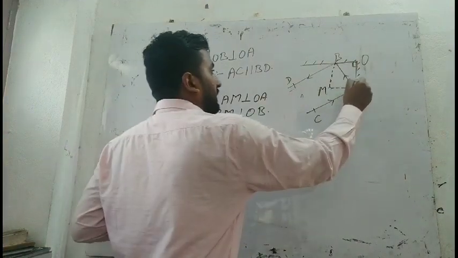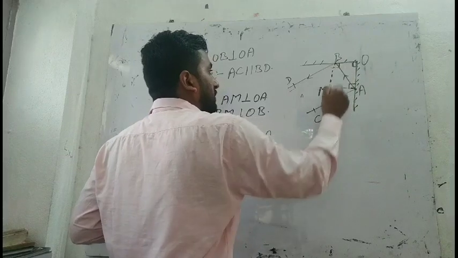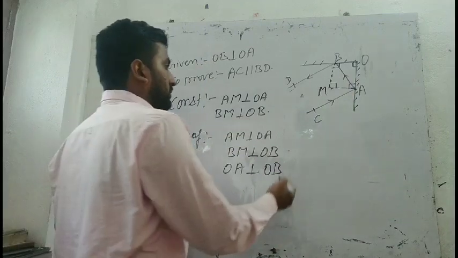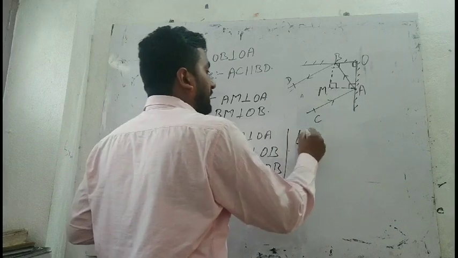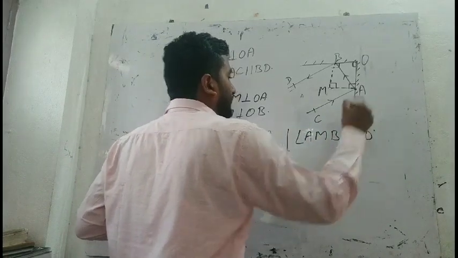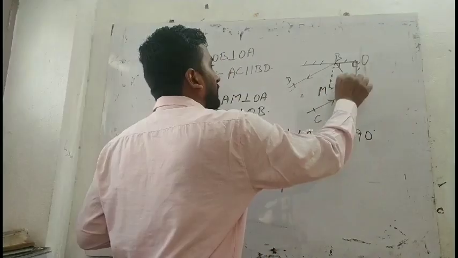So here it forms 90 degrees, this also 90 degrees. So angle AMB is equal to 90 degrees.